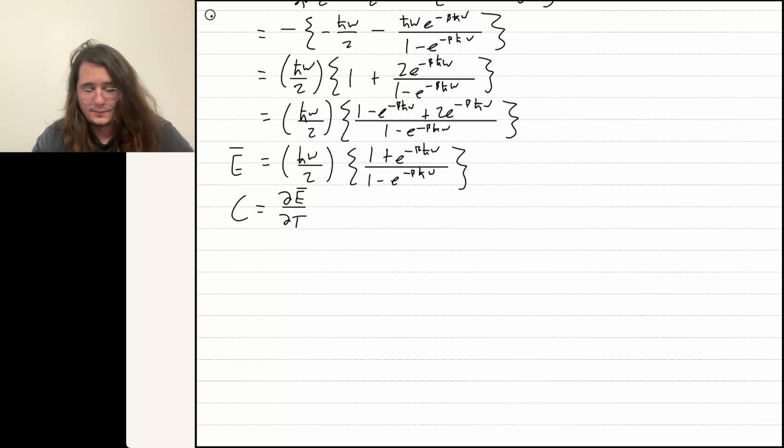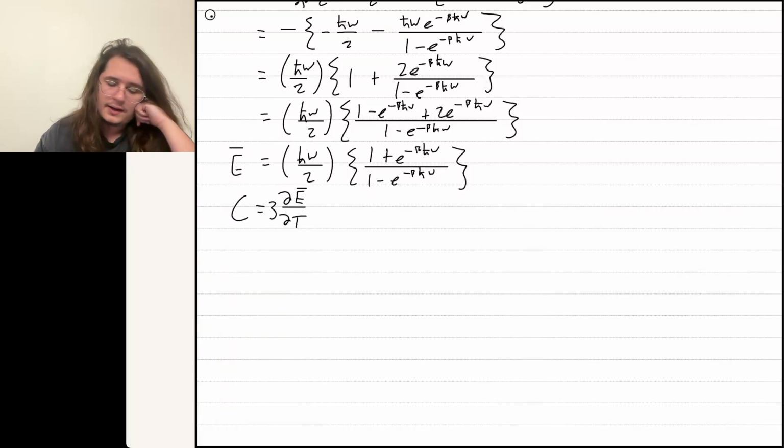So we just need to, or it's actually 3 times that quantity, but yeah. So we need to now take a derivative of this with respect to temperature. So 3 del t. We might as well move the h bar omega over 2 stuff to the other side of the derivative, since it doesn't depend on temperature, of this junk.